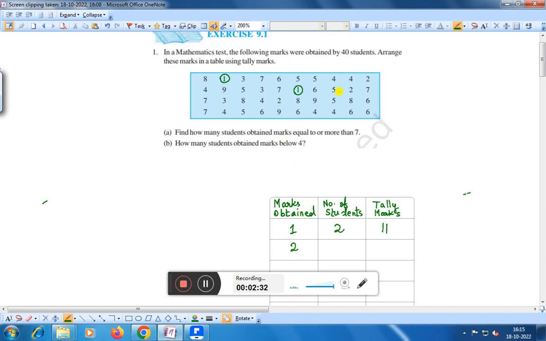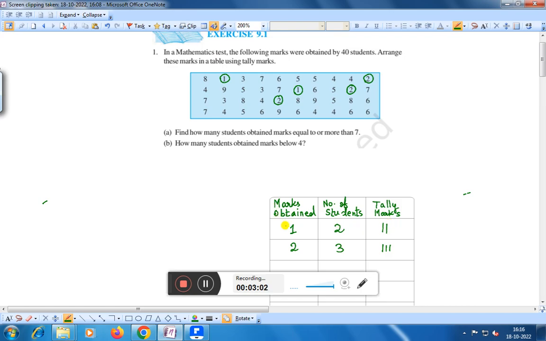We find in first line this is 2, and second line it is 2, and third line it is 2, and there is no number 2 in the fourth line. Therefore, number of students is 3. Therefore, tally marks is 1, 2, 3, right?